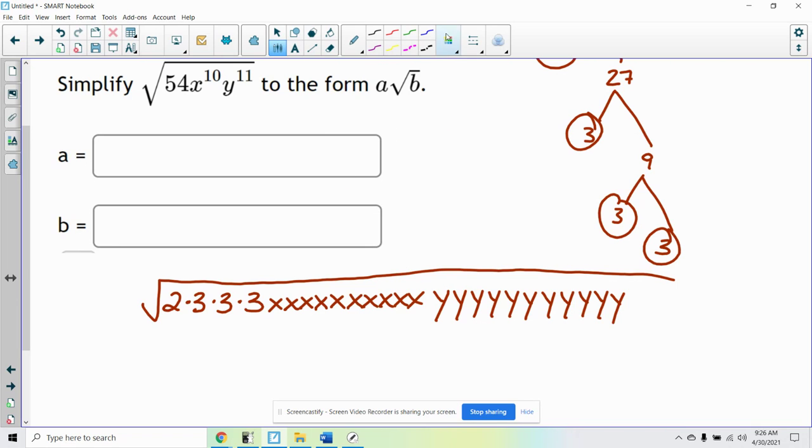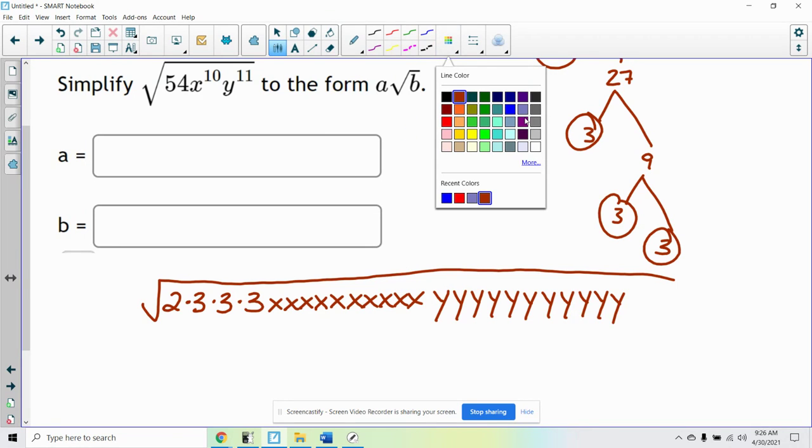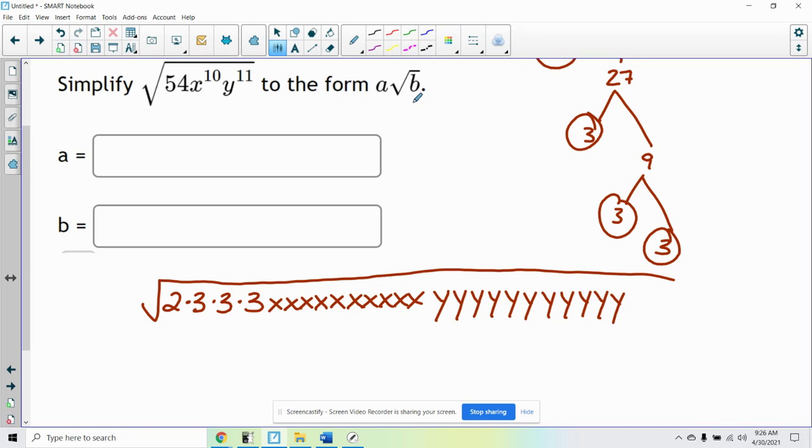Since this is a square root, anything that I'm squaring inside, I can bring out. So I'm going to bring out any groups of 2. If I have the square root of 3 squared, I can bring that 3 out and put 3 in front. There's only one other 3 and one other 2, so they're going to stay. I can bring out 5 groups of x, so this is x to the 5th out front.